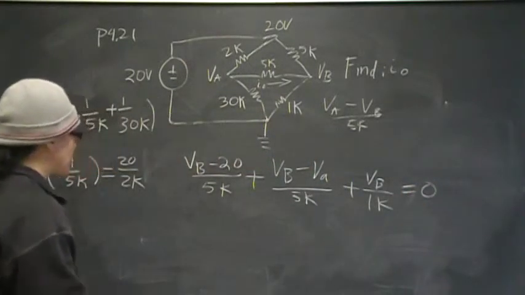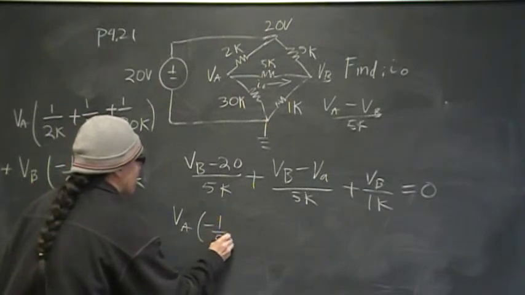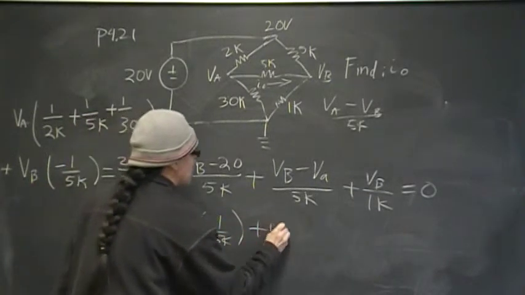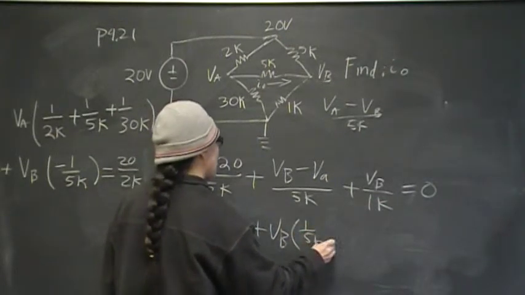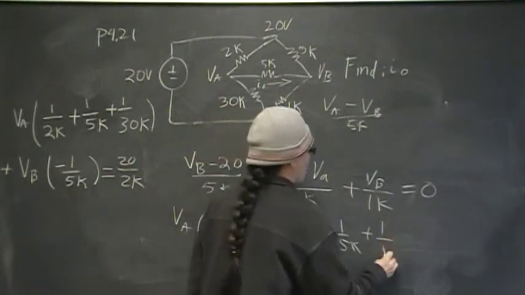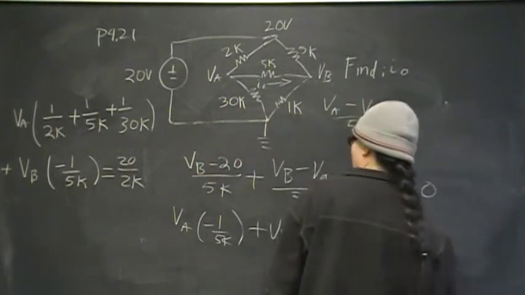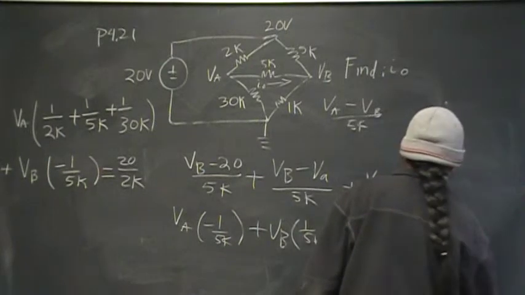Now collect the coefficients. VA has a coefficient of minus 1 over 5K, plus VB has a coefficient of 1 over 5K plus 1 over 5K plus 1 over 1K, and put the constant on the other side, 20 over 5K.